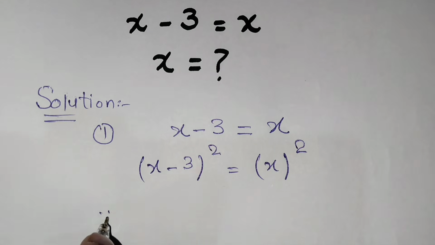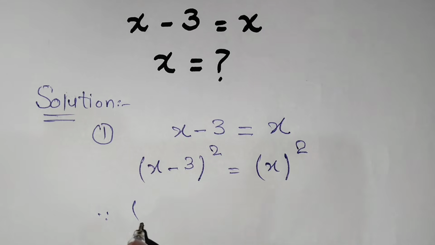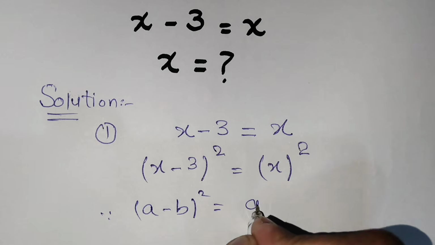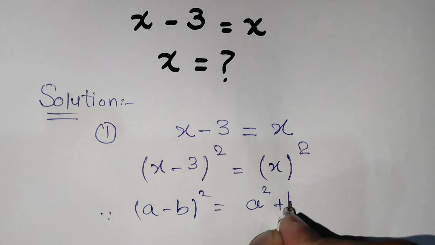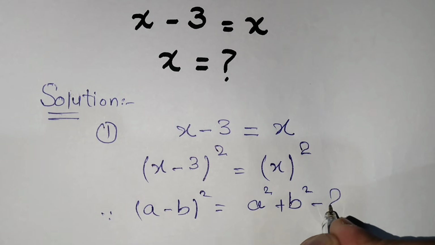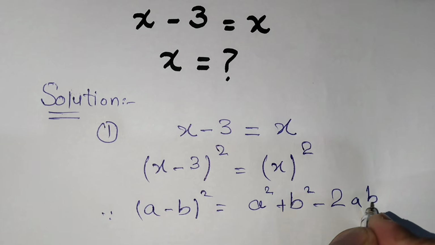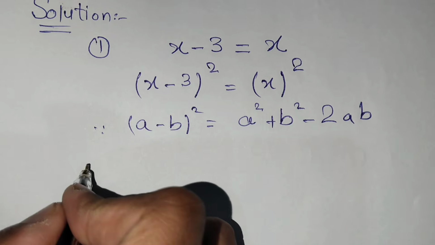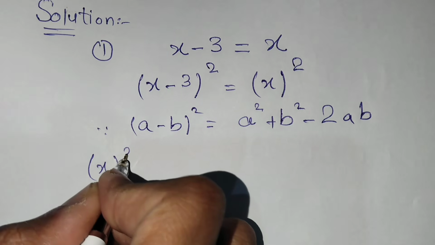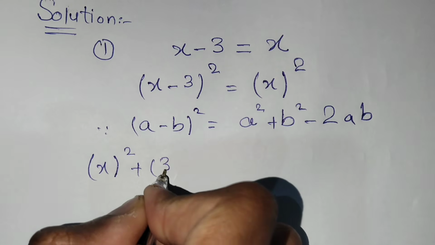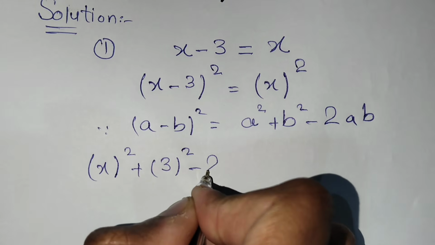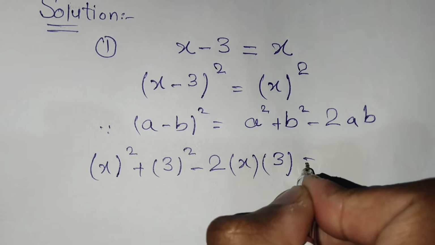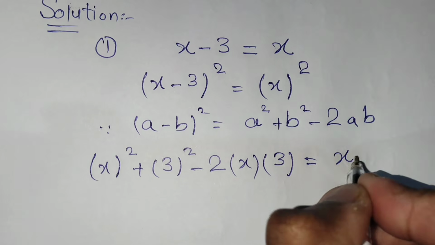Now we know that (a minus b) squared is equal to a squared plus b squared minus 2 into a into b. So we will apply the formula here. We have x squared plus 3 squared minus 2 into x into 3 is equal to x squared.